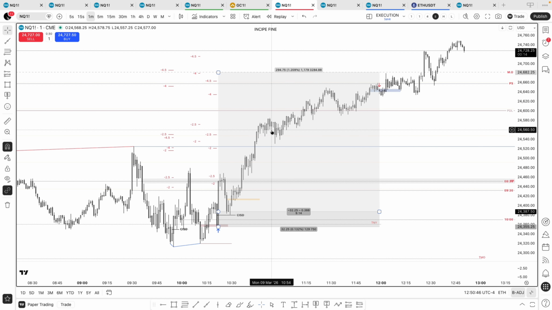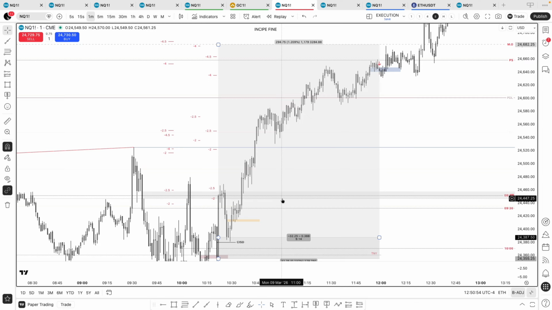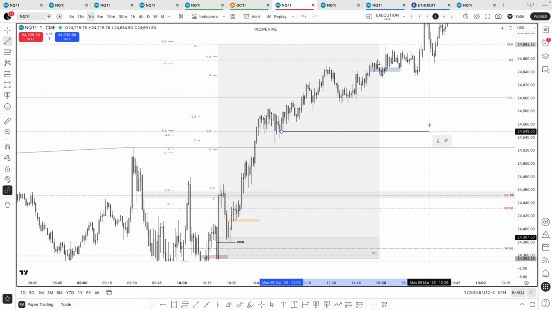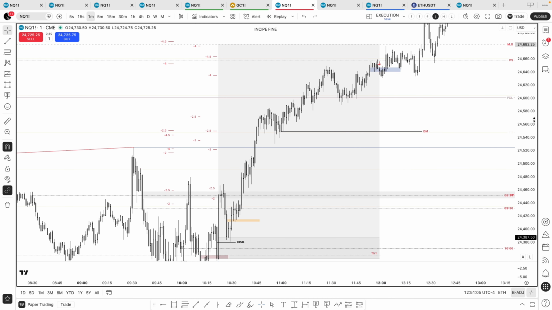Reason why being is because this is all high resistance. We're simply just engineering sell side all around here. And even more of the fact that we're engineering is that we have the 11 o'clock opening residing right here, which resides just above the equilibrium of the new week opening gap. So devil's mark just above the new week opening gap.